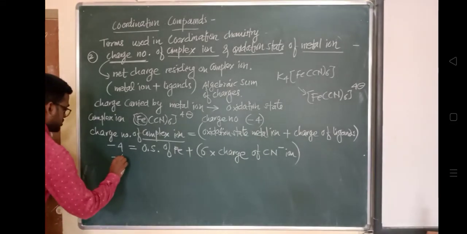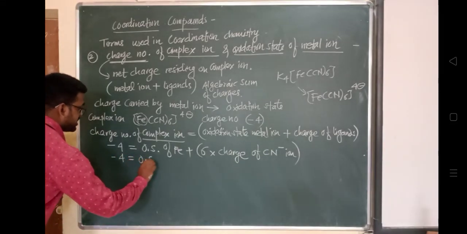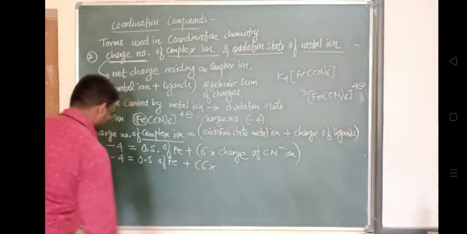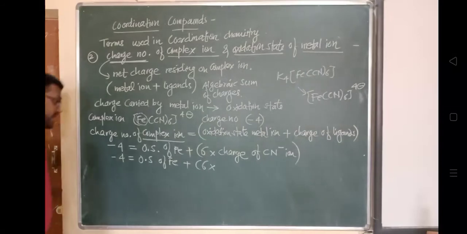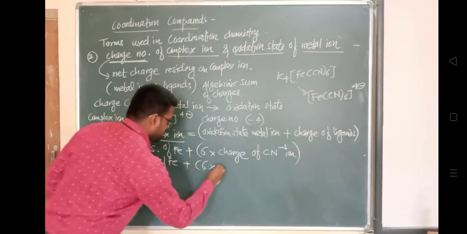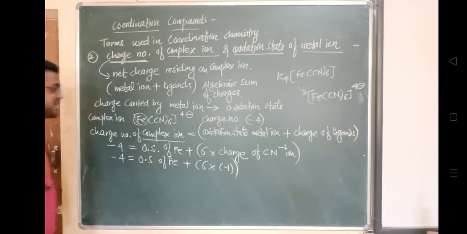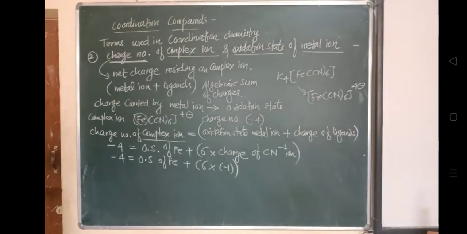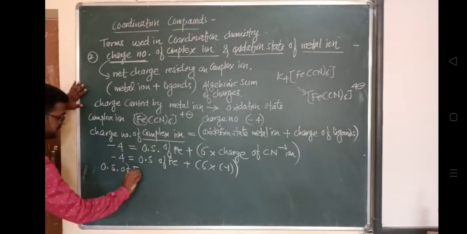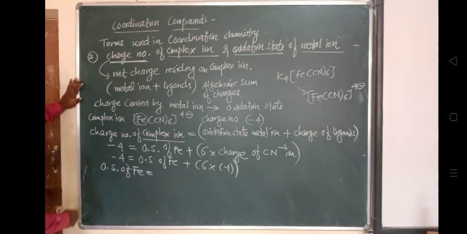So in this way we can calculate the oxidation state of metal ion if we know what is the charge of the complex ion. कितना चार्ज अगर कॉम्प्लेक्स आयन के ऊपर है उससे हम लोग निकाल सकते हैं, इंडिविजुअली इफ यू नो द चार्ज ऑफ द लिगैंड. So this is the second term, that is charge number of the complex ion and oxidation state of the metal ion. How to calculate it, that also I have explained it very well.